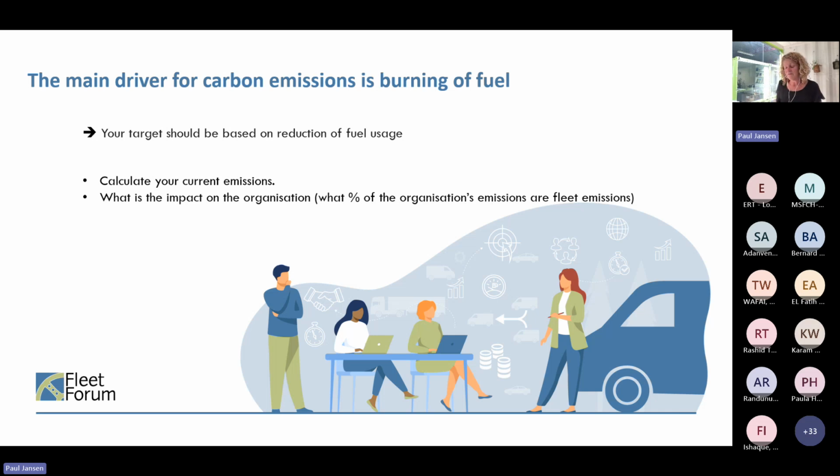For example, if you have a very small fleet, or if you are using 90% soft mobility modes, for example you ask your people to walk or to cycle or to use public transport, then the percentage of your fleet might be very small looking at the overall emissions. And then you might think, I'm not going to focus so much on my fleet right now. But I think for many of us, we do understand that fleet is a significant portion of our emissions. So therefore, we would like to look at that.